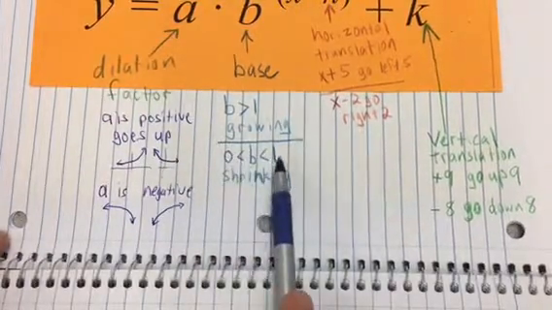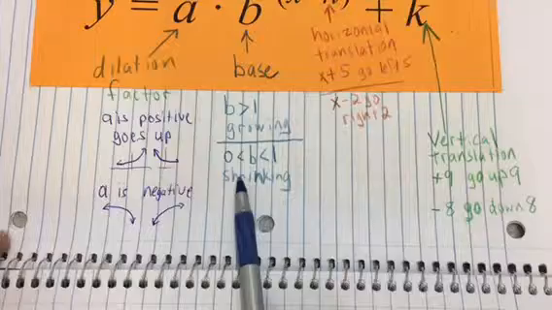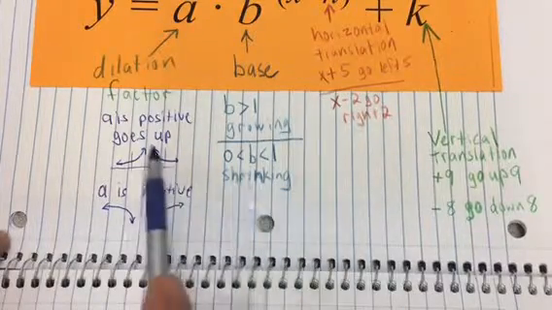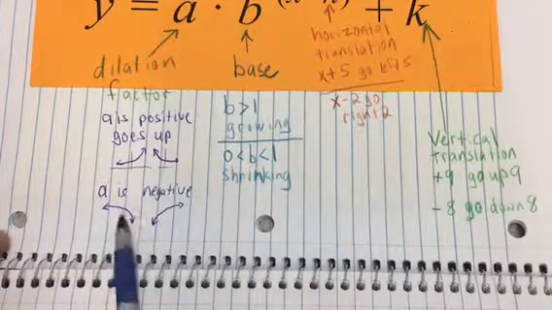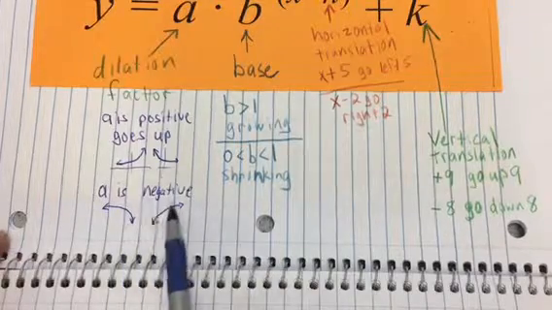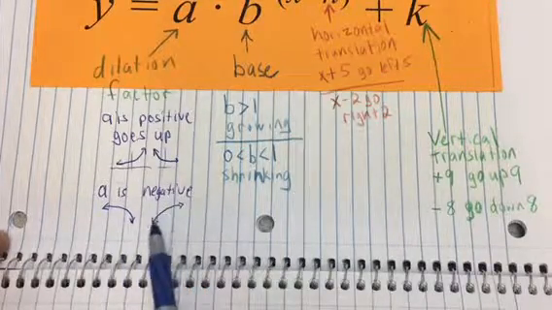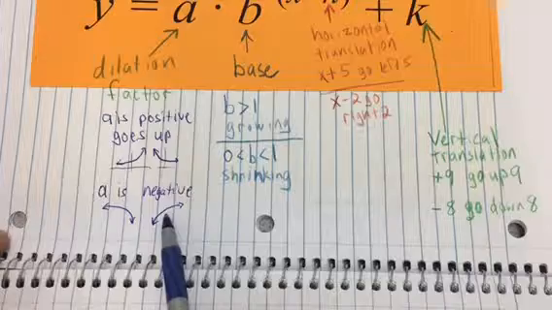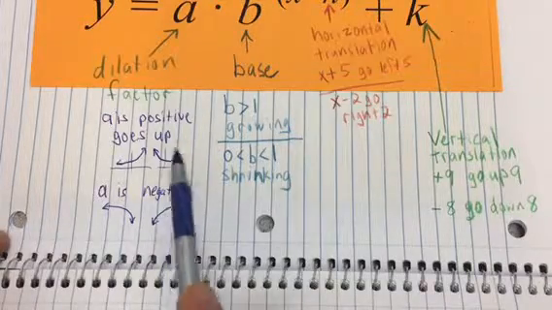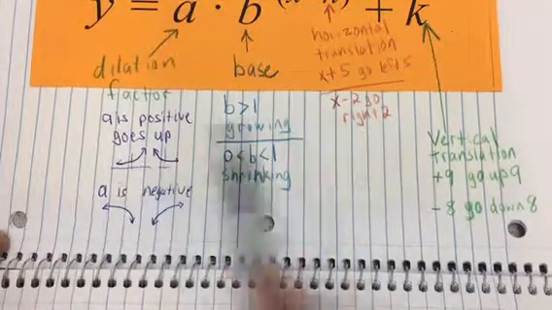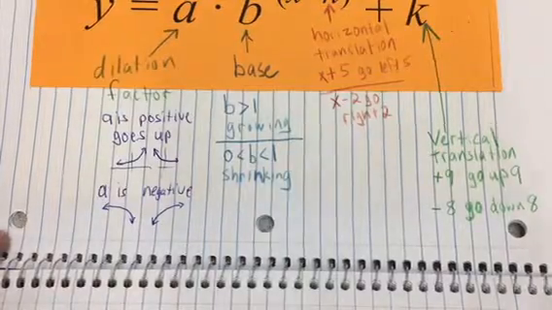If it's between 0 and 1, then it's exponential decay, or it's a shrinking function like this, or like this. Oh, wait, no, this one. That one's shrinking. Okay, it'll be a shrinking. We'll see some examples on the next page.